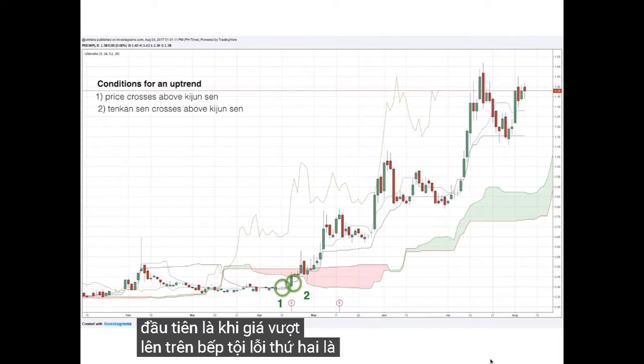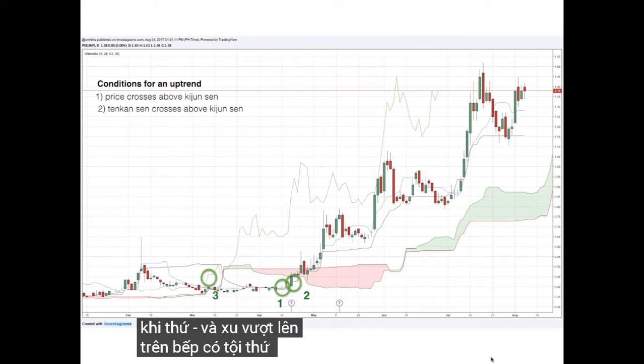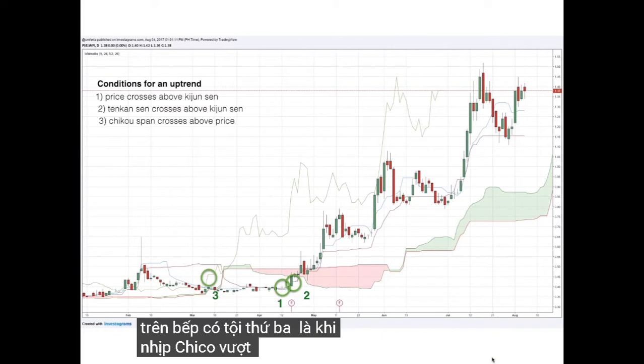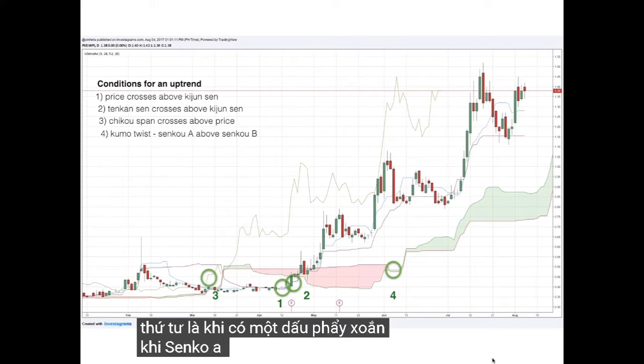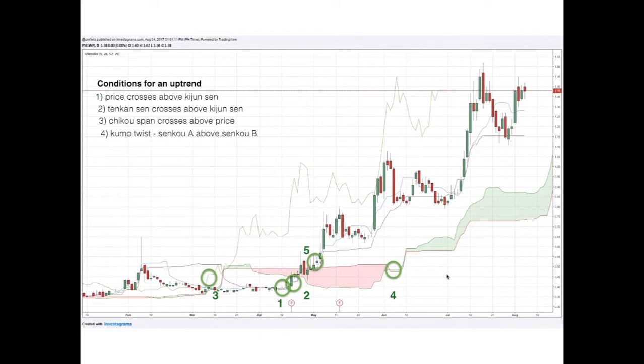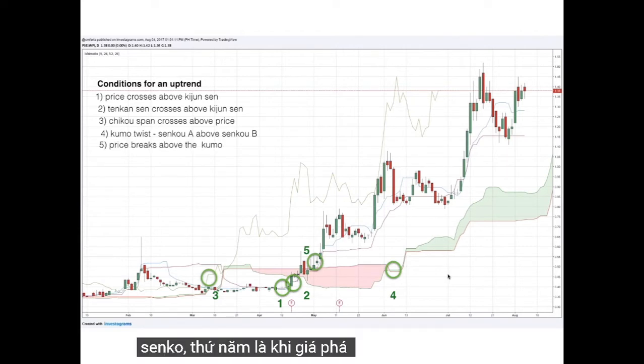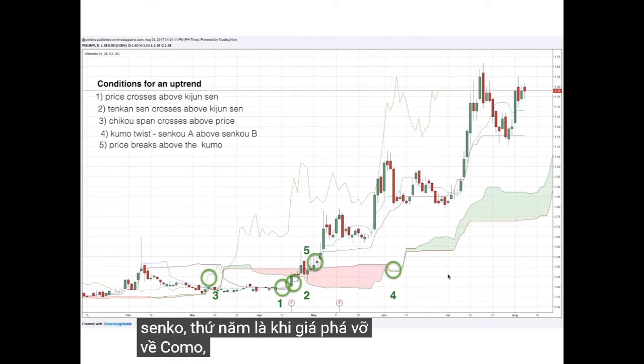The second is when the Tenkan-sen crosses above the Kijun-sen. The third is when the Chikou span crosses above the price. The fourth is when there's a Kumo twist, when the Senkou A is above the Senkou B. The fifth is when the price breaks above the Kumo.